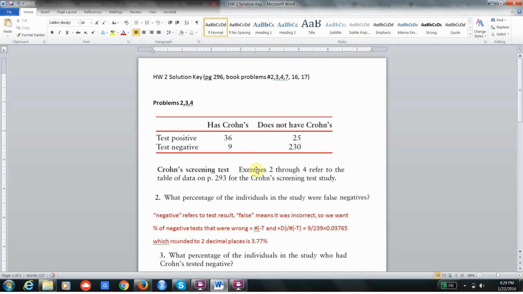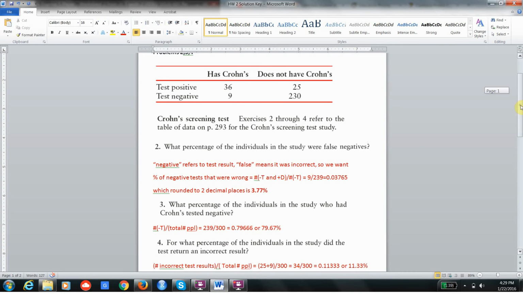Okay, so in this case, we had 239 negatives. 9 of them were false. And so this is our probability. I computed out the 5 decimal places, rounded to 4, expressed it as a probability, and your final answer is 3.77. Okay?